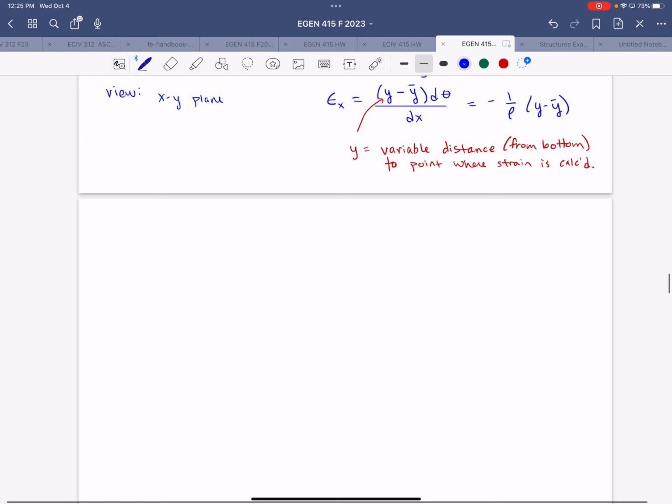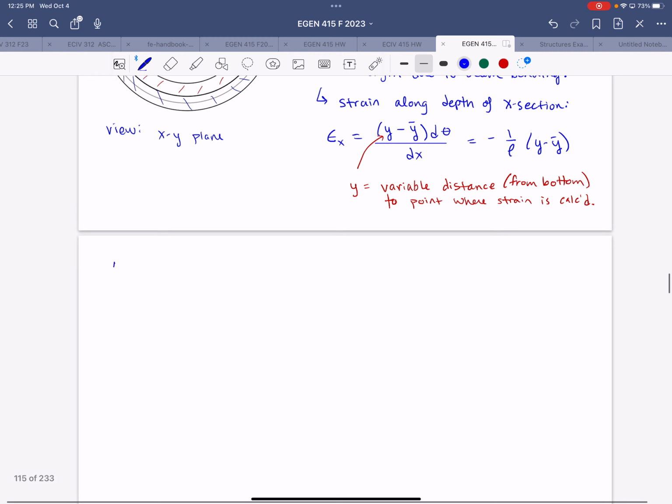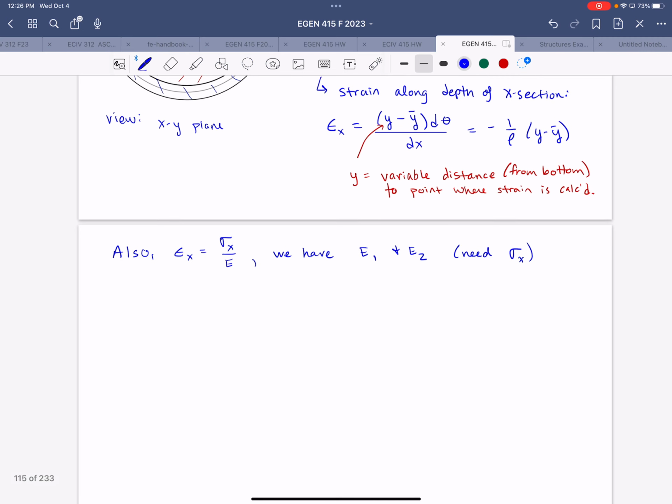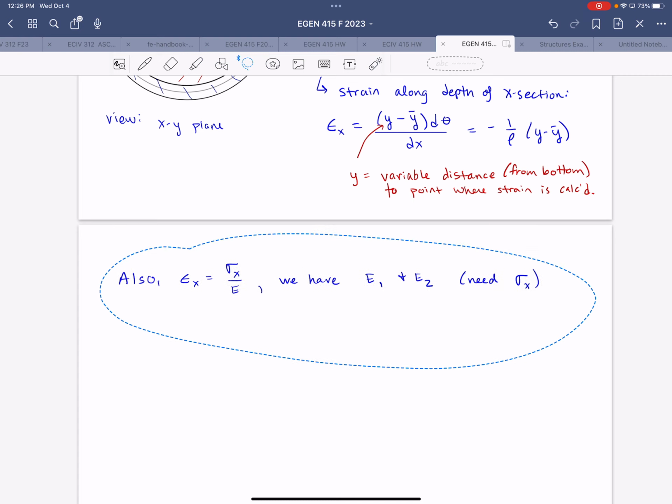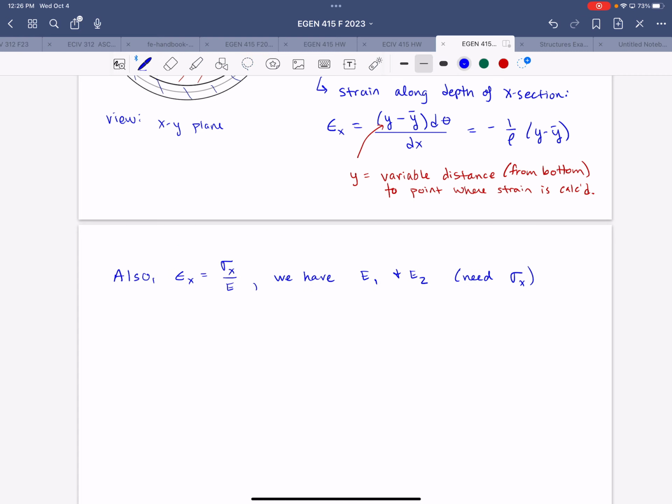All right, so since we also have our stress-strain relationship tied to material properties, and in this case we have two material properties, we need the normal stress in X. Using our fundamental mechanics concept that with pure beam bending there will be no net axial force, right?